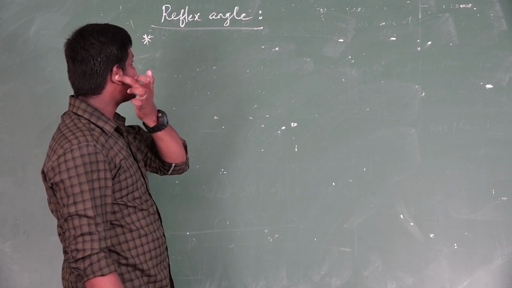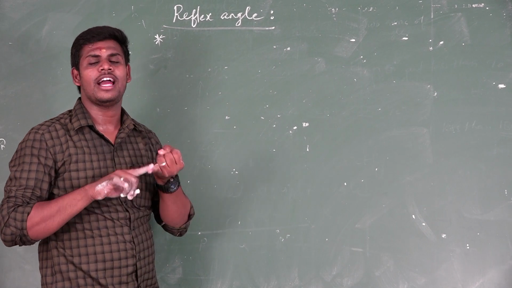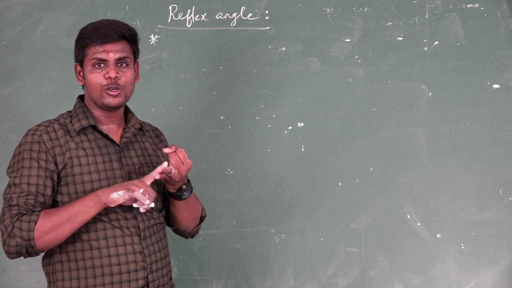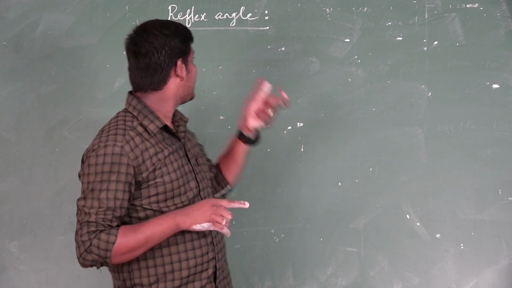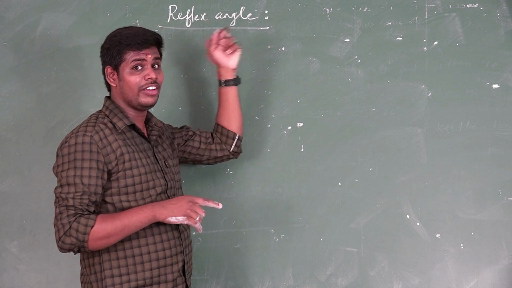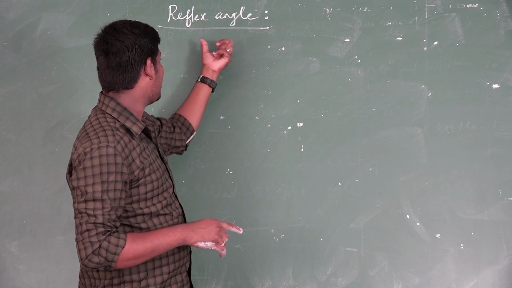The next angle is reflex angle. We know acute angle means more than 0 degree and less than 90 degree. Obtuse angle means more than 90 degree and less than 180 degree. Next is a reflex angle, starting from 180 degree.